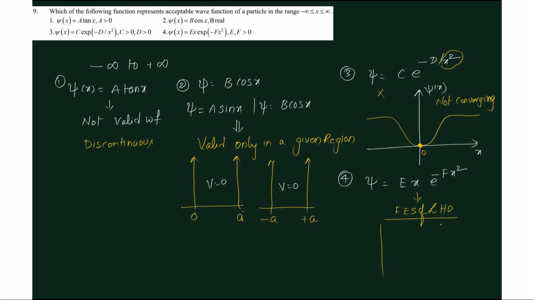The wave function will be like this. Here we have a node somewhere, and it is tending to 0 on both sides, so all the points are valid. That's why the valid wave function is option 4.